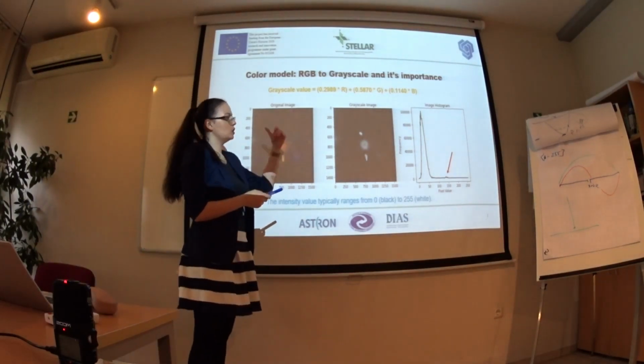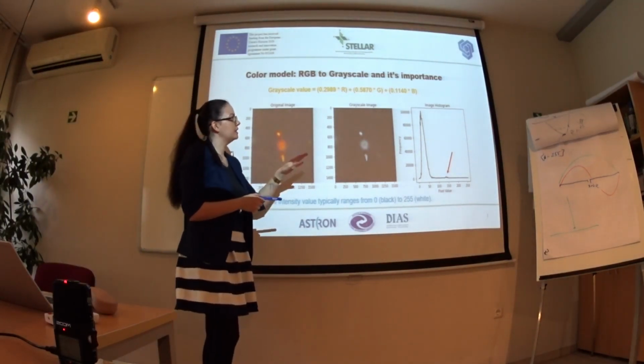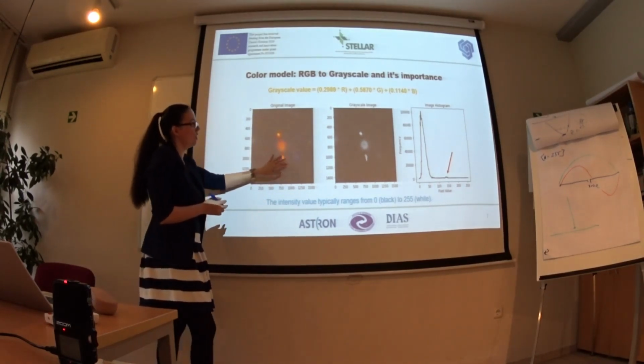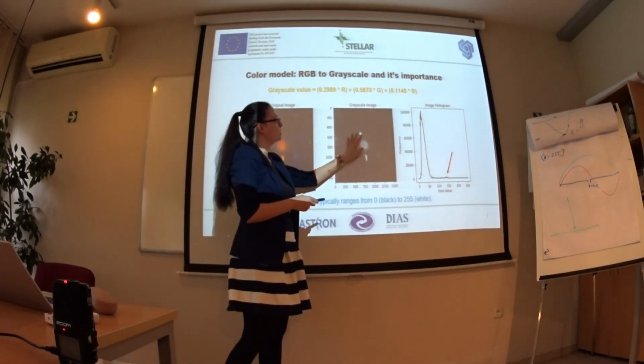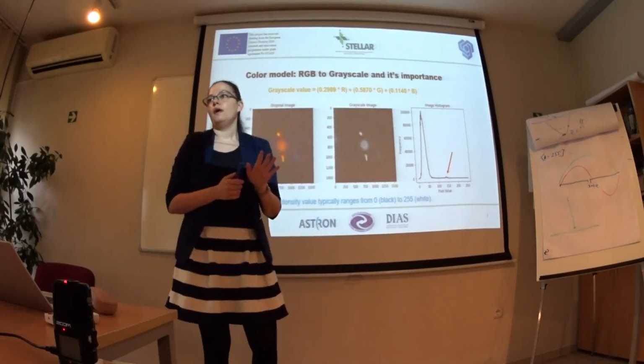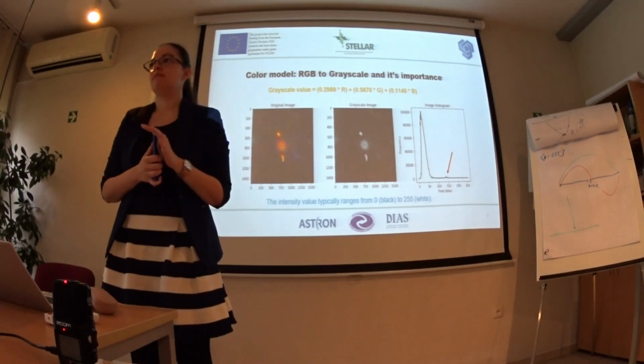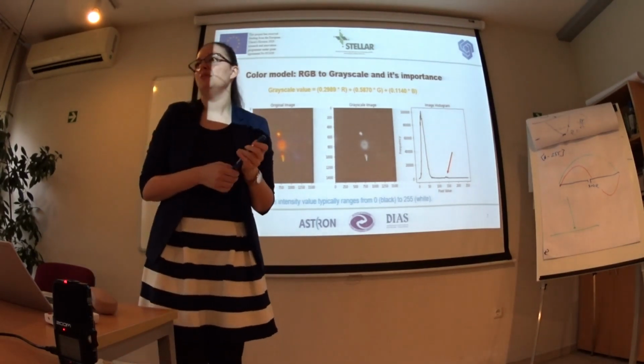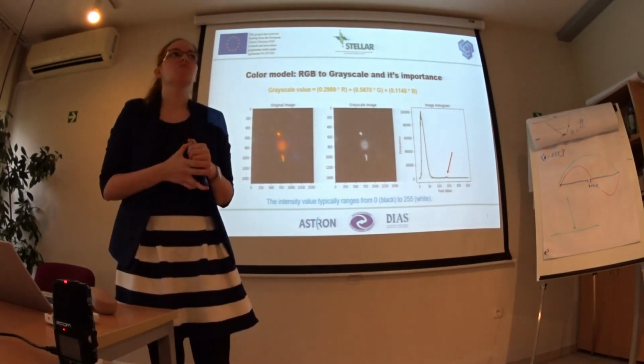Yes, we saw the three channels split, but we can have our original image and after that compute the grayscale. Why is it important for you? For example, why do we need to do it anyway? Because it shows intensity.